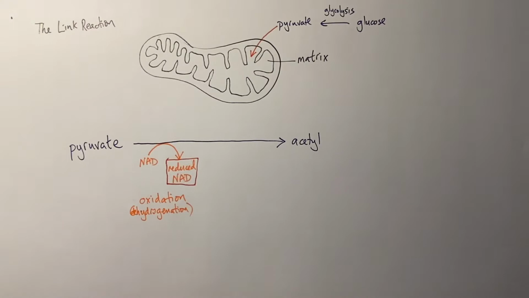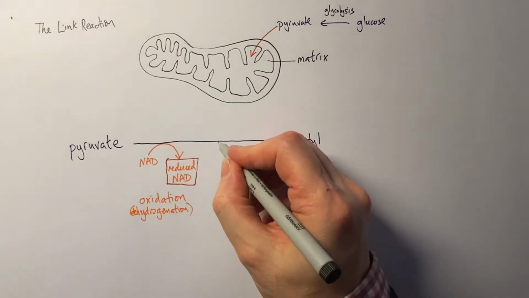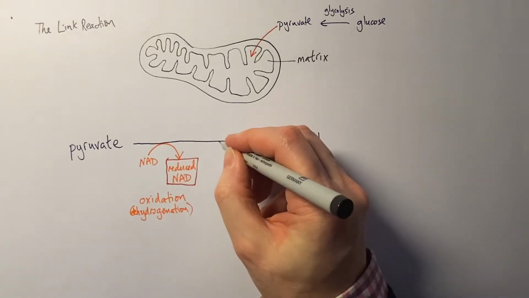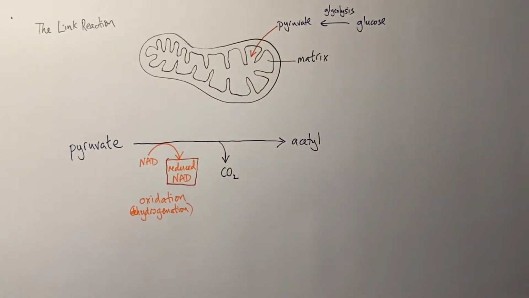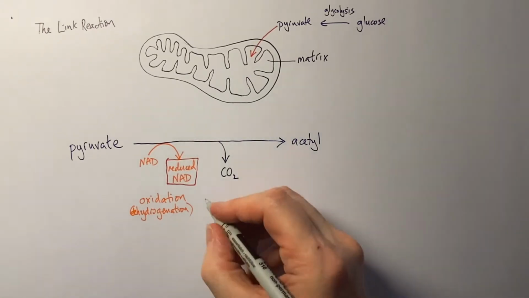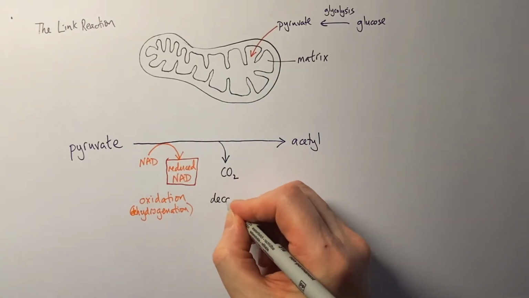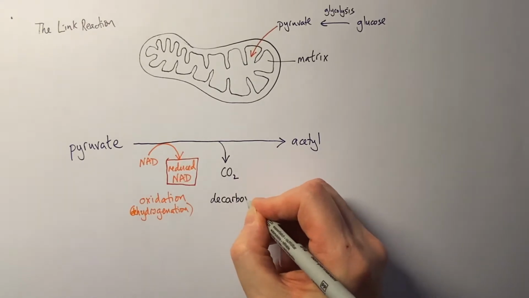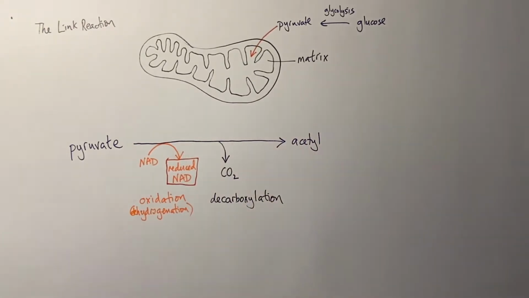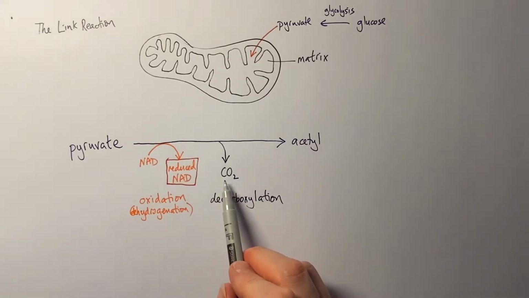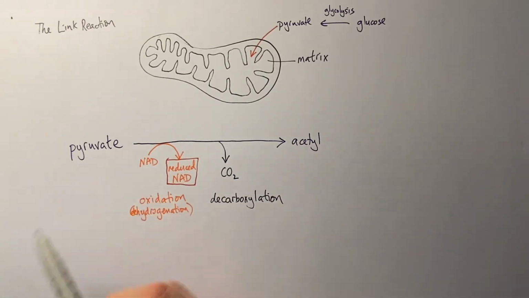The other main chemical event that takes place is that pyruvate loses a molecule of carbon dioxide, and we call that a decarboxylation. So D means remove, carboxy means carbon and oxygen. So we're removing carbon and oxygen from pyruvate.